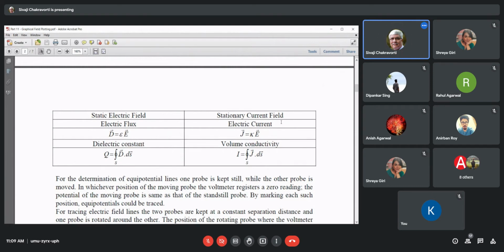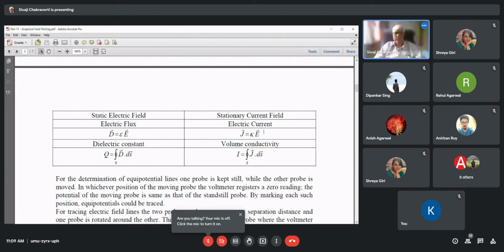In the stationary current field, it is J, that is the current density, is sigma, which is conductivity, into E. So now take both these equations.